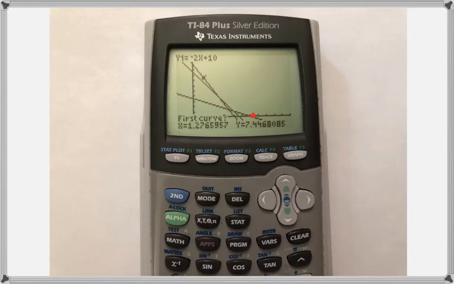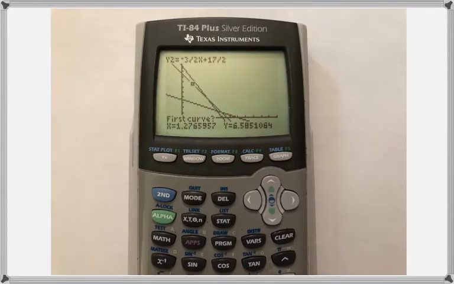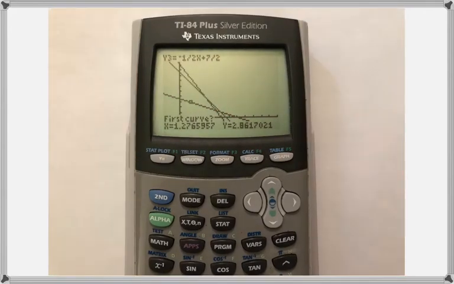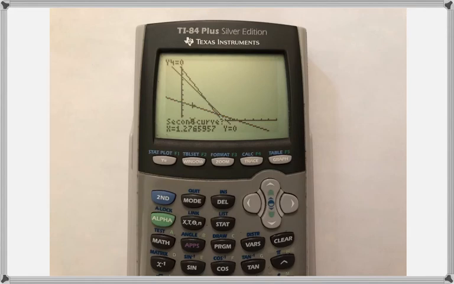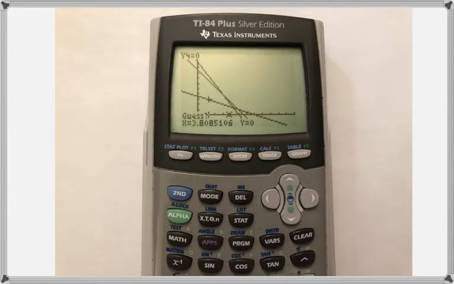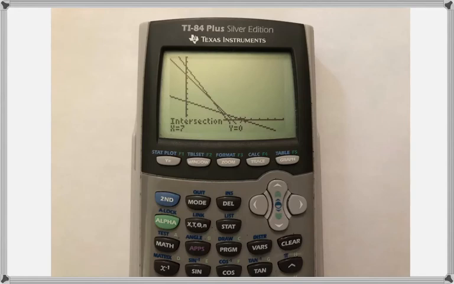So if we press down, it goes to Y2, press down again, it goes to Y3. So that is one of the lines, so we can press enter. So now it's on Y4, so that is our second line that we want, and we want to press enter. And then we can make a guess, and then the intersection point is 7, 0.